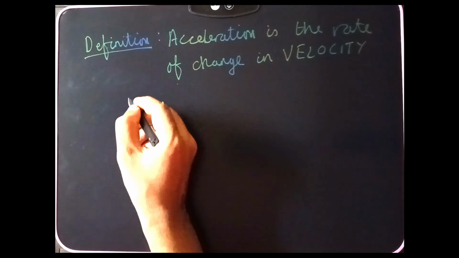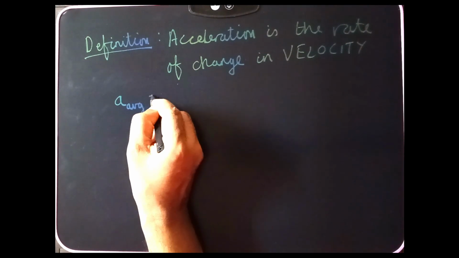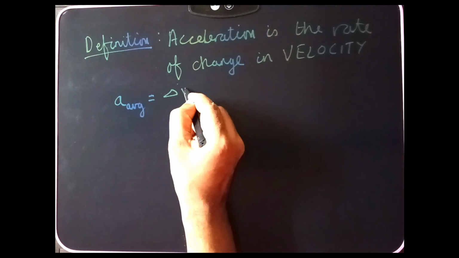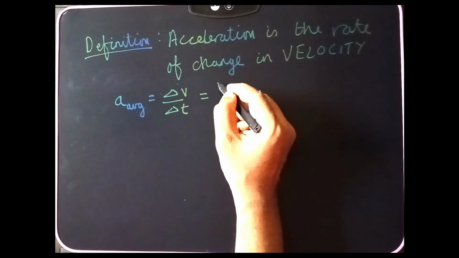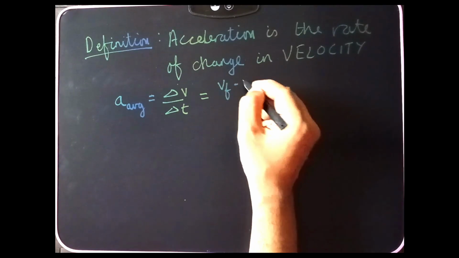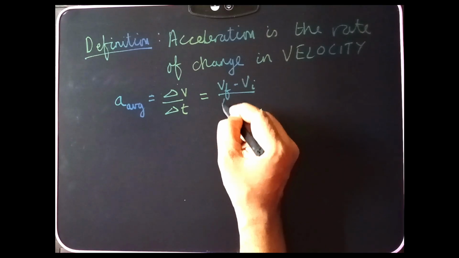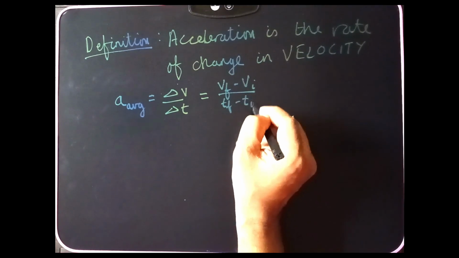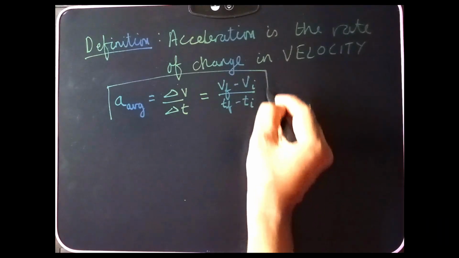We can define average acceleration, a average, as the change in velocity by the change in time. That is equal to the final velocity minus initial velocity divided by final time minus initial time. This will give you the average acceleration.